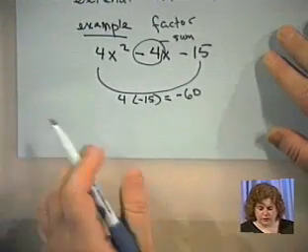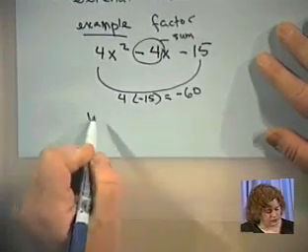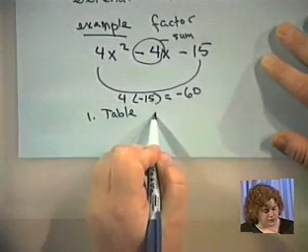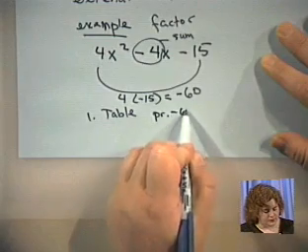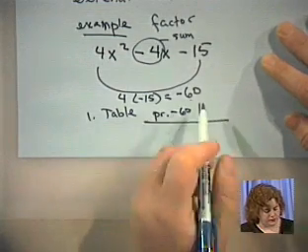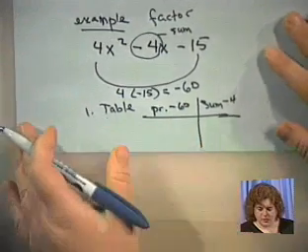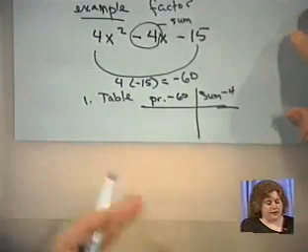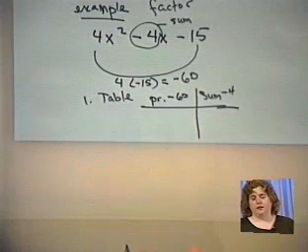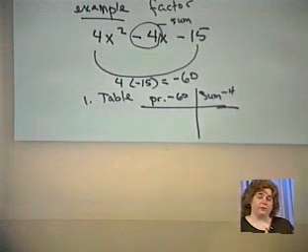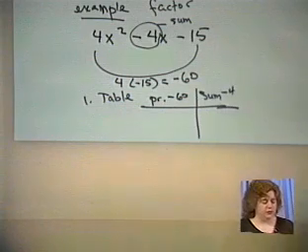We'll just start with our table. Our product, negative 60, and we need factors that add to our sum of negative 4. I already know 1 times 60 is not going to do the trick. I want to shift toward the middle, to factors that are a little closer to each other.